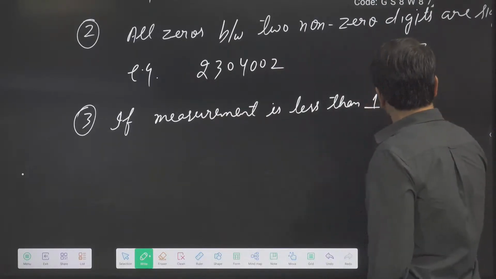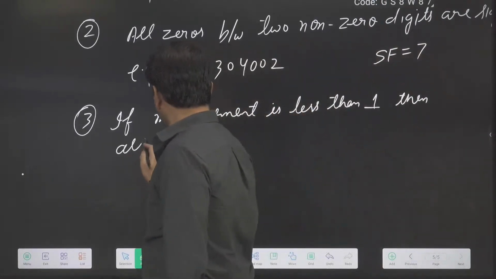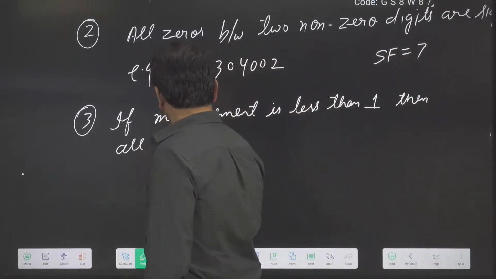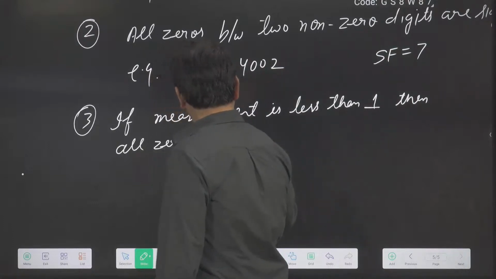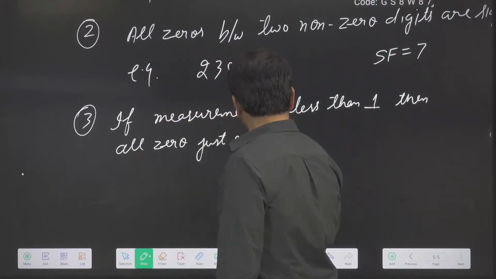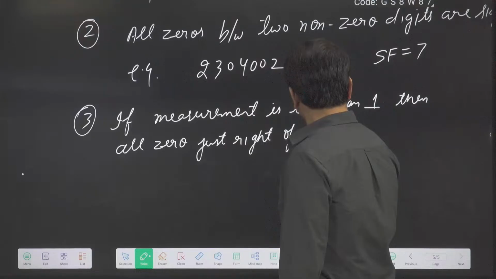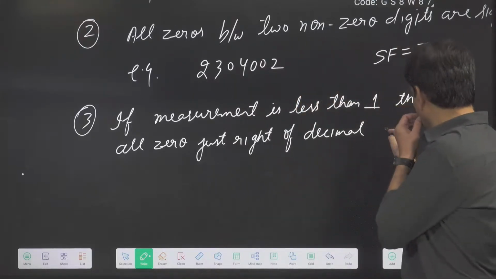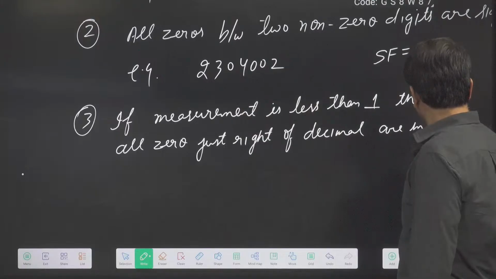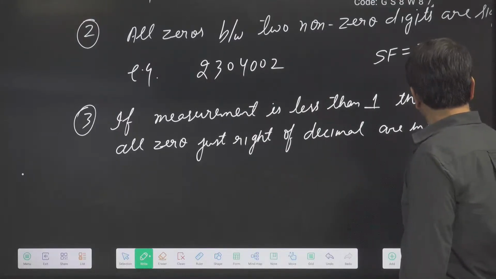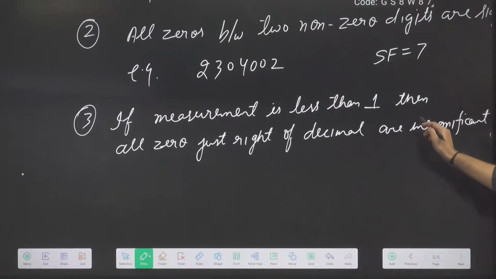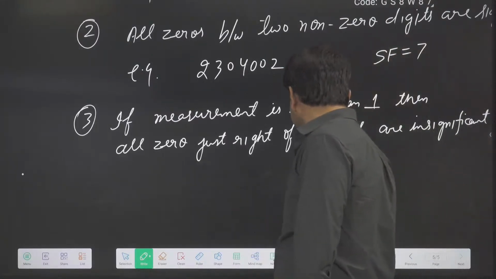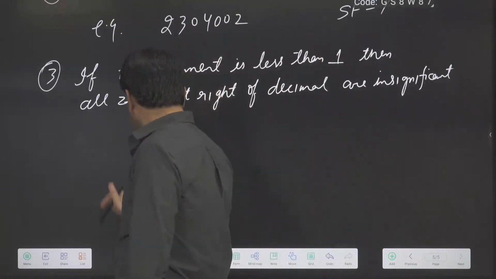Then all zeros just right of the decimal are insignificant. So the measurement is less than 1. Measurement less than 1 means how will you write it?